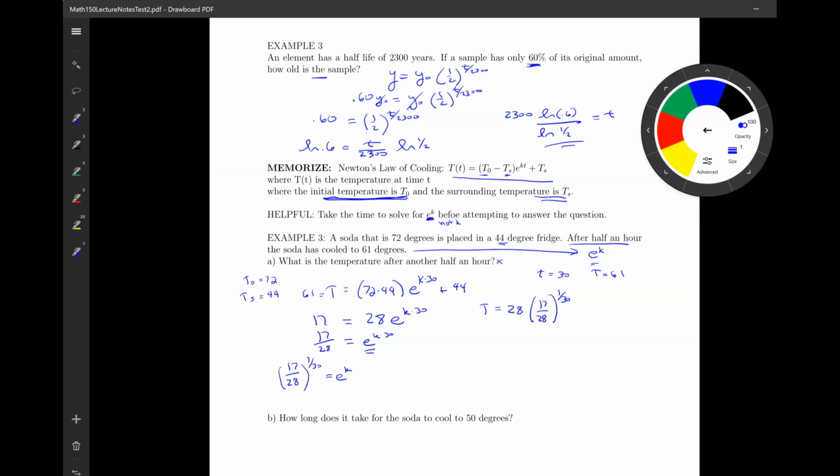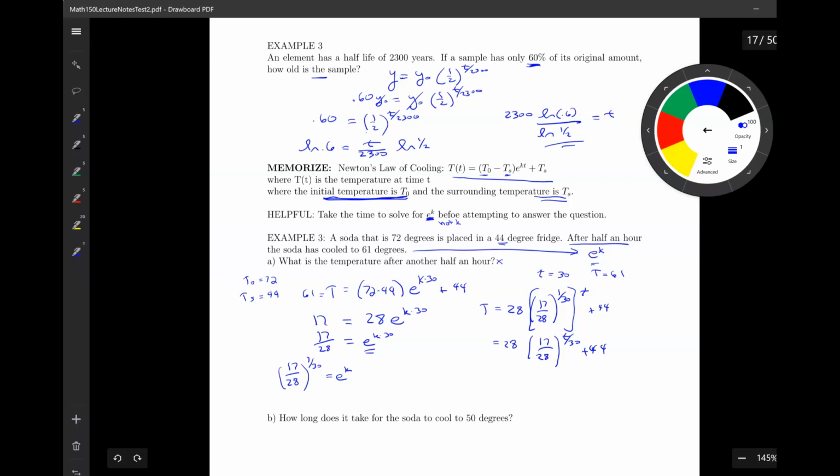Then plus 44. So this is the same as 17 over 28 to the t over 30, plus 44.